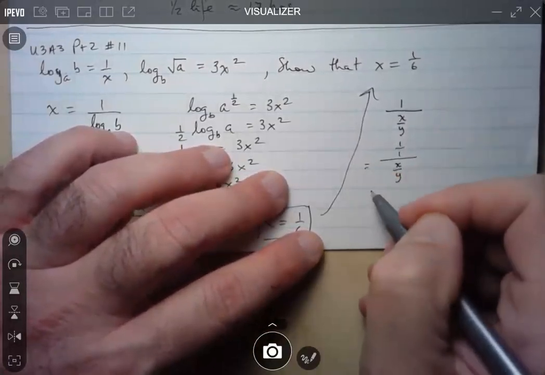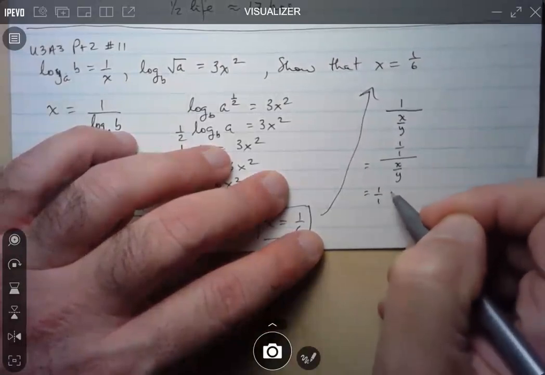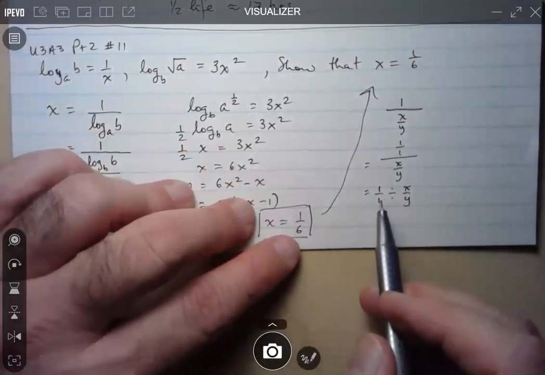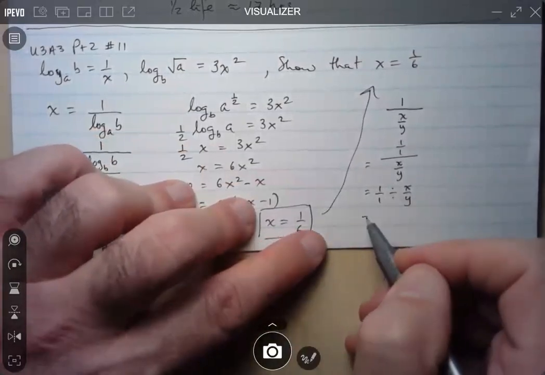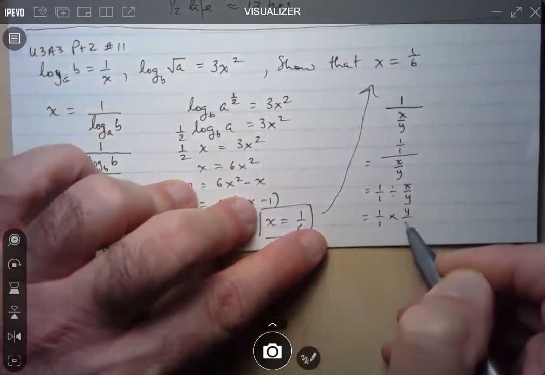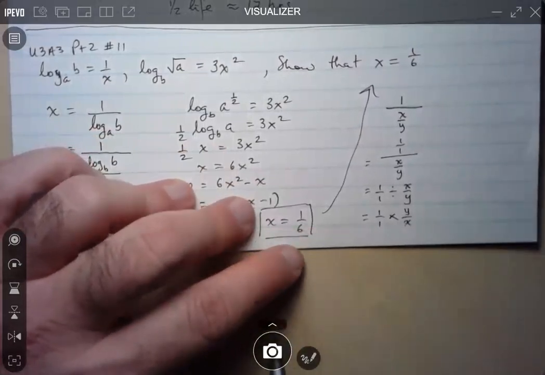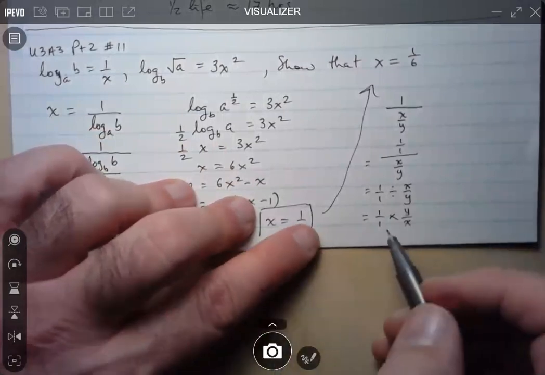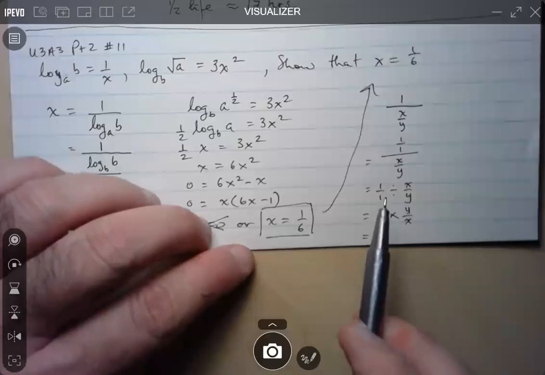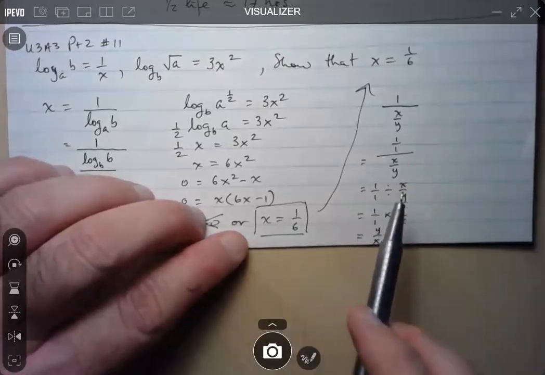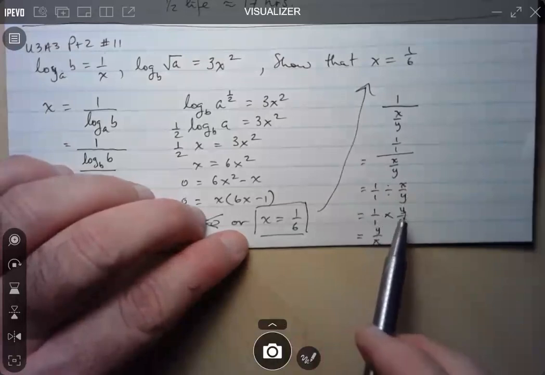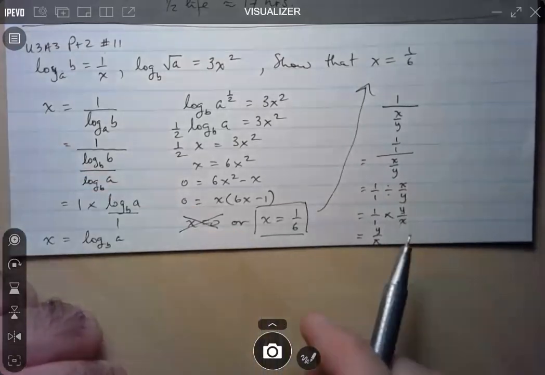And our strategy for dividing fractions is that the division becomes the multiplication of the reciprocal. Okay, so I'm just applying the rules for dividing fractions. Dividing two fractions is the same as multiplying by the reciprocal of the denominator, or the second fraction.